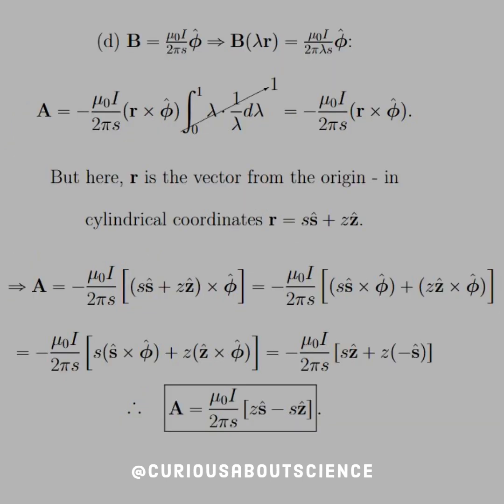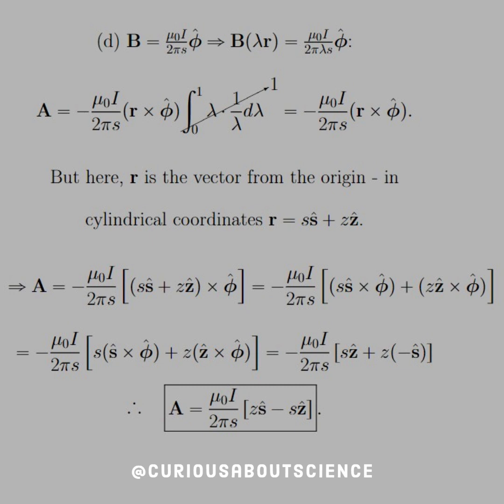For D, however, B is equal to mu naught I over 2 pi s phi hat, so since this is a function of lambda R, we just have to put a lambda on the s as well. All right, so go ahead and plug that in. We see that the lambda cancels with the lambda. Since it is a constant, we pulled it out.